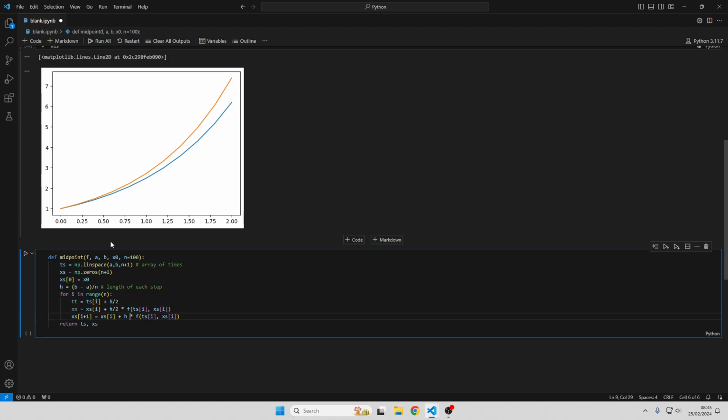Now, instead of the previous approach where we calculated the derivative at the beginning of the time step, we're going to calculate the derivative at what we now think is the middle of the time step, tt, xx. So this is hopefully a bit better.